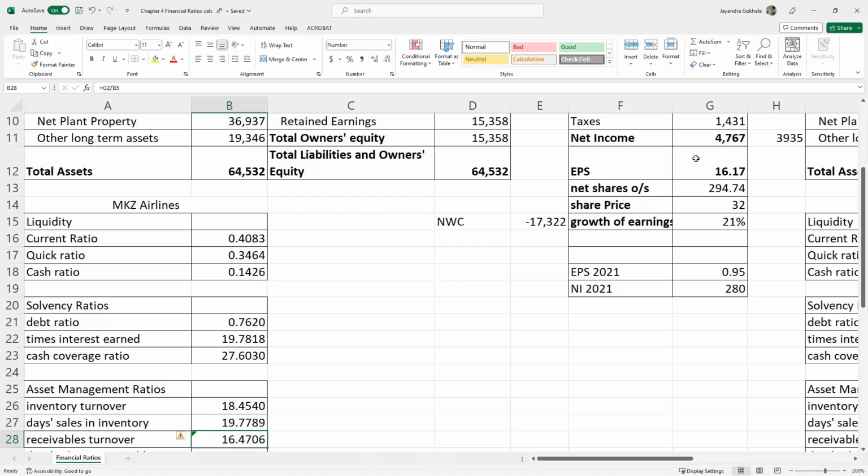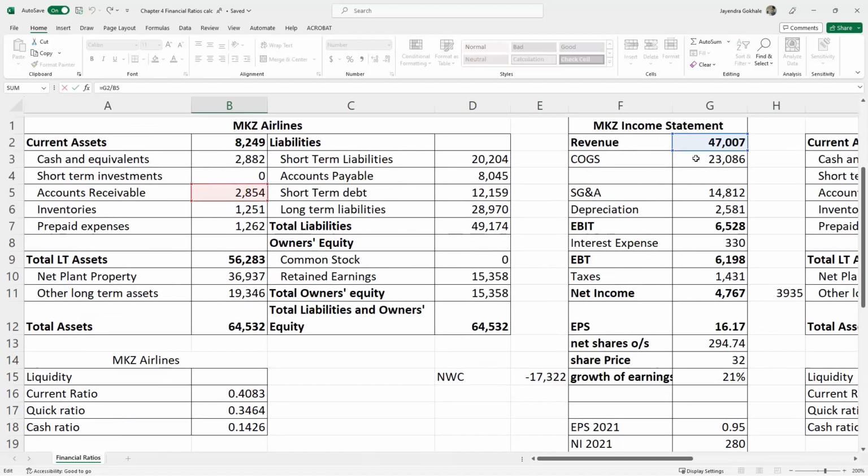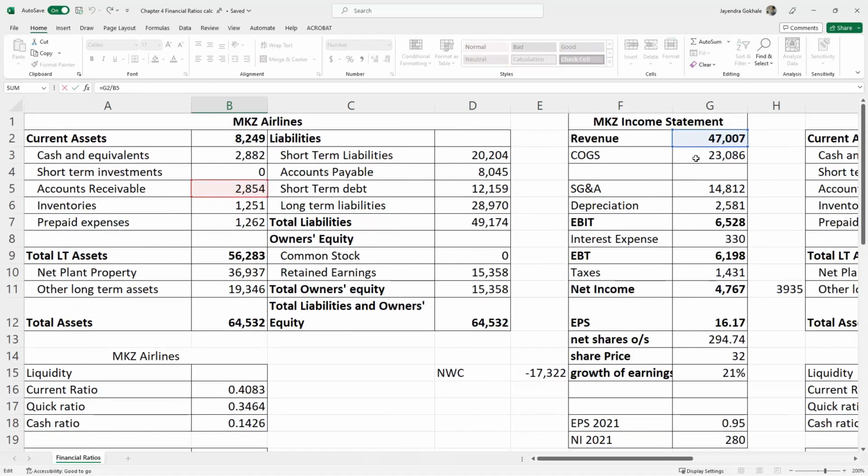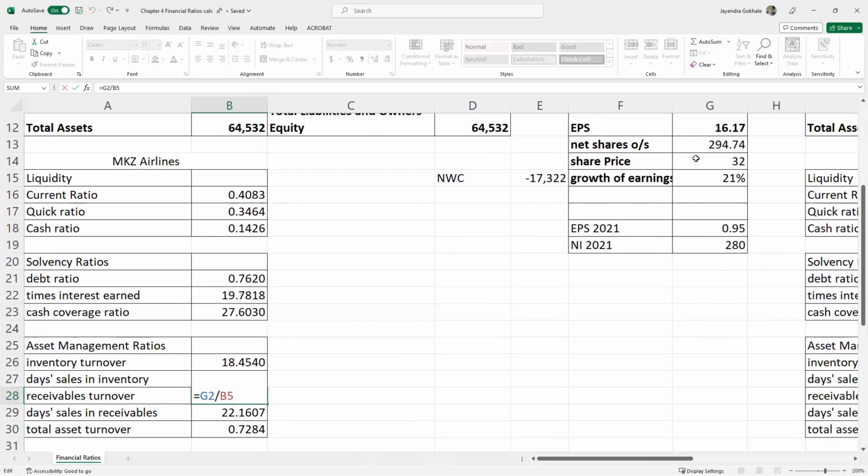Then the receivable turnover is sales divided by receivables. So sales is G2 and receivables is in B5. Sales is 47,000 and receivables is 2854, and the ratio, again flow versus levels, is going to be much more than 1: 16.47. And what does that mean?